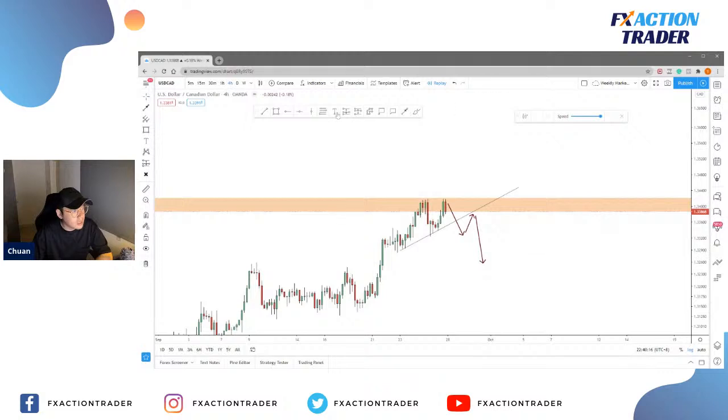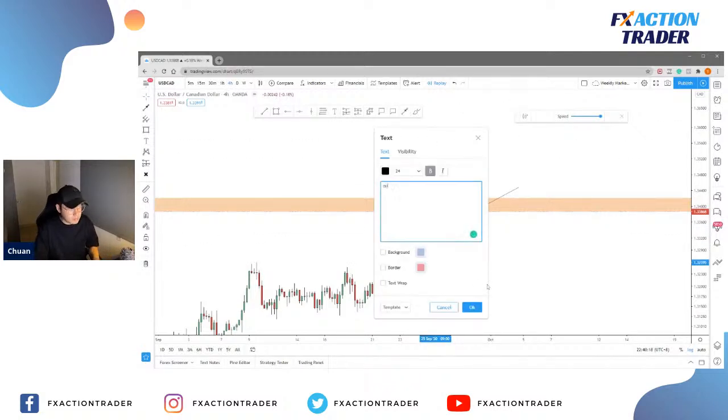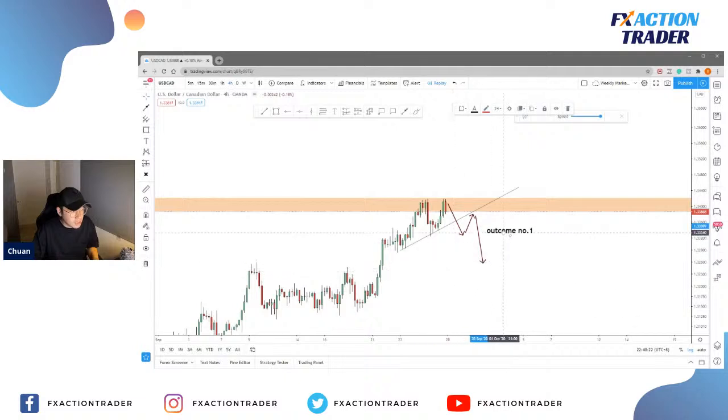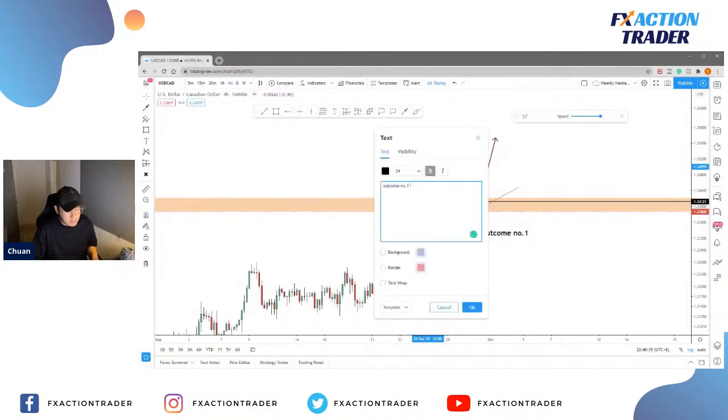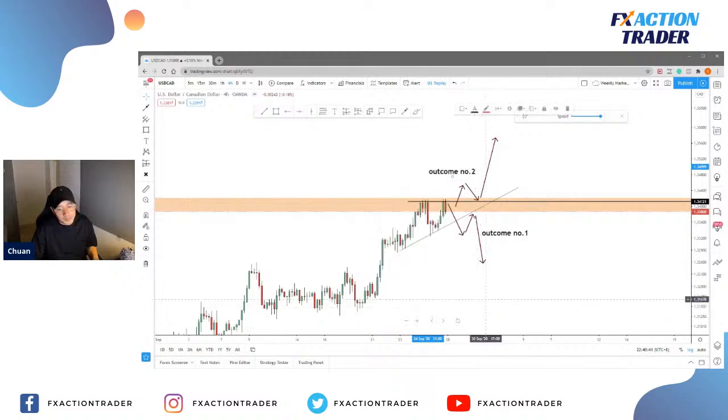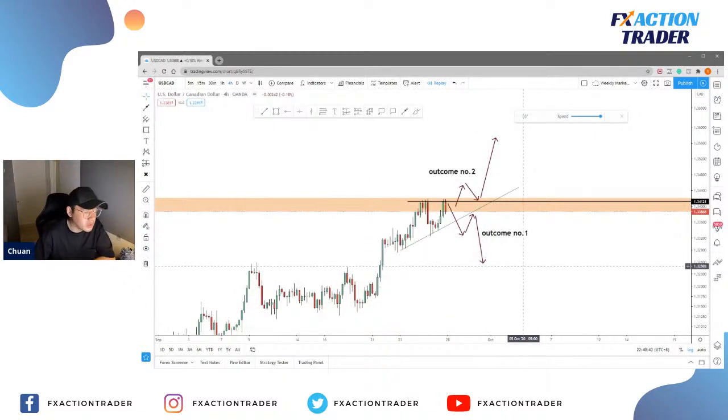So this is outcome number 1. Outcome number 2 is that this double top formation is not valid and the market continues to break higher and only pulls back, and we just go for our buy trade. So what we do is we just wait patiently.